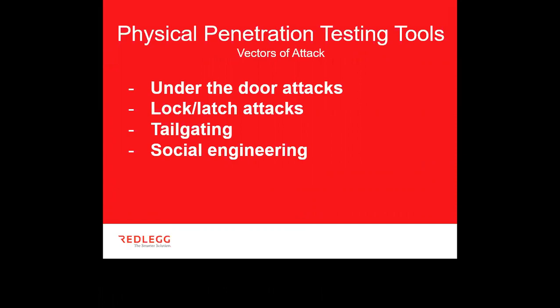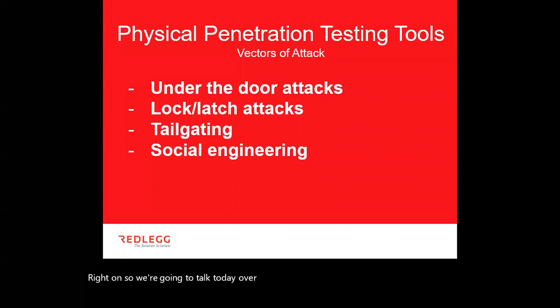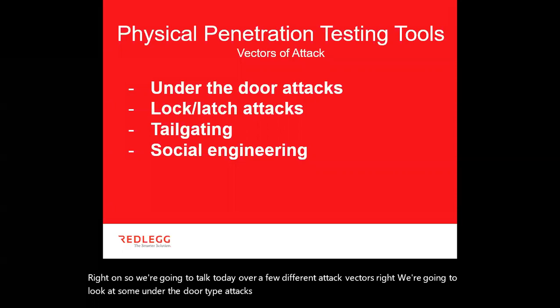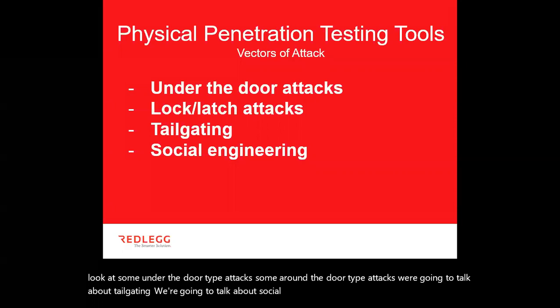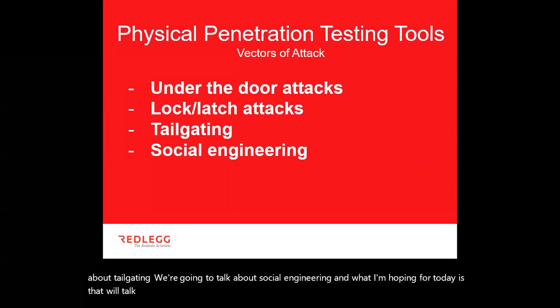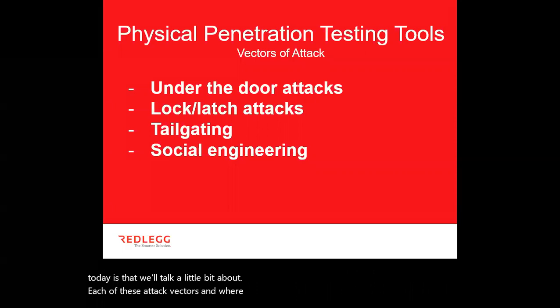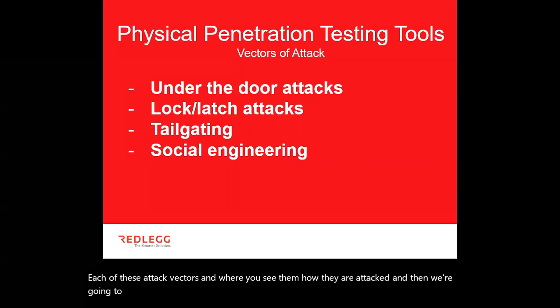Right on. So we're going to talk today over a few different attack vectors. We're going to look at some under the door type attacks, some around the door type attacks. We're going to talk about tailgating. We're going to talk about social engineering. And what I'm hoping for today is that we'll talk a little bit about each of these attack vectors, how and where you see them, how they are attacked, and then we're going to go over some of the tools for each.